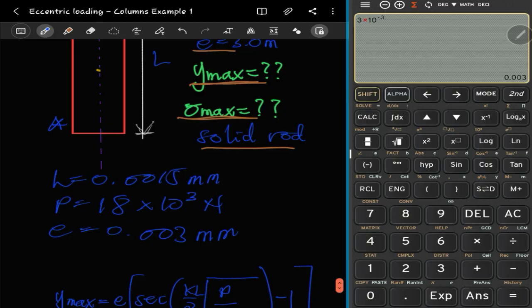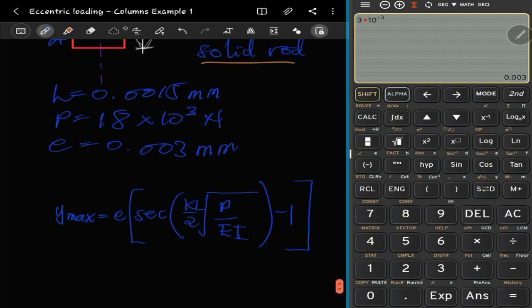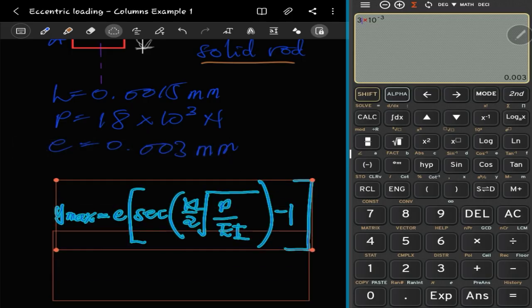And one thing we know about this is that E is stress over strain.